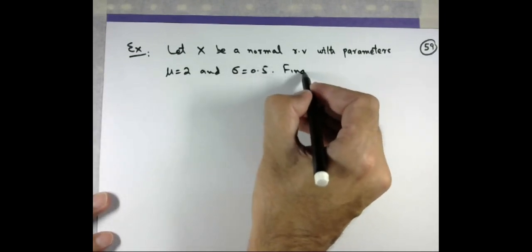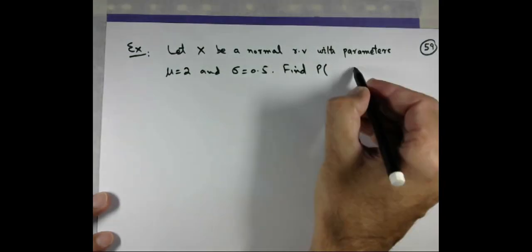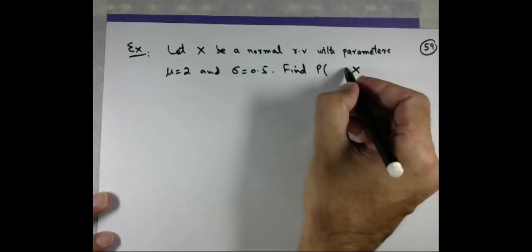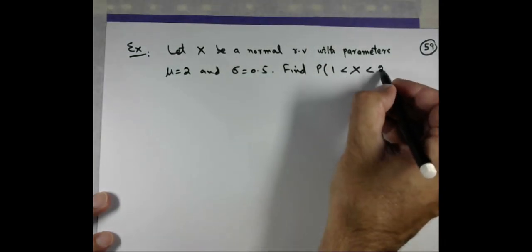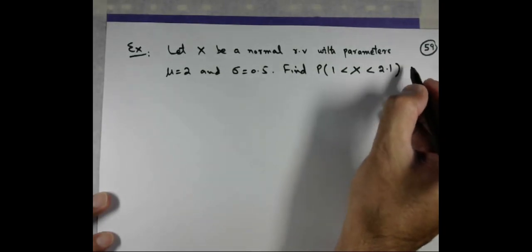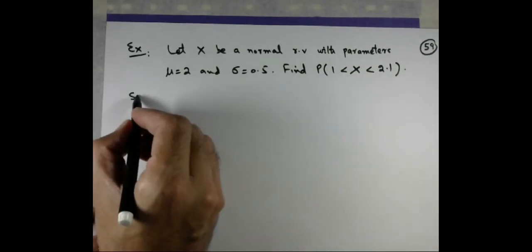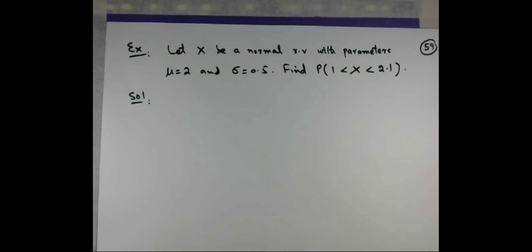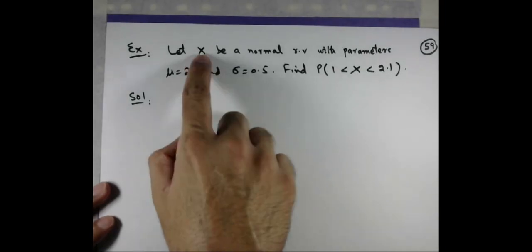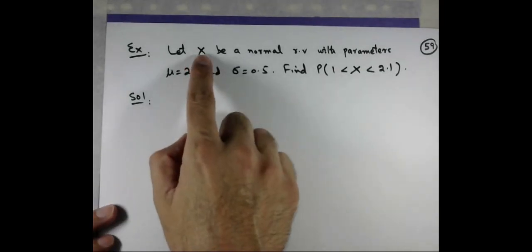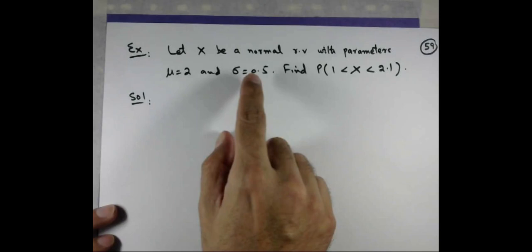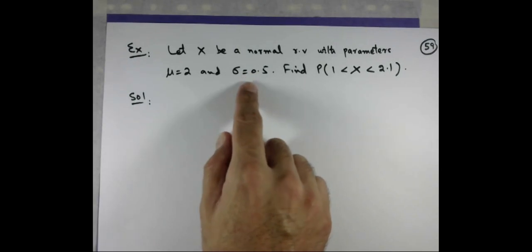We need to find the probability that x is greater than 1 and less than 2.1. How can we find this probability? The table available is for a standard random variable, but you see here that this x is a non-standard random variable. Why? Because the mean is not 0 and sigma is not 1.